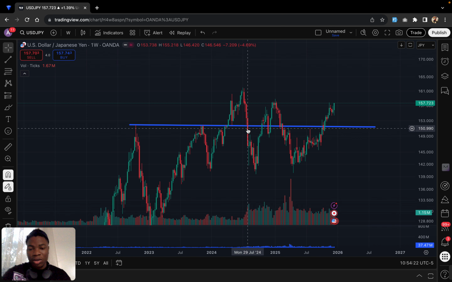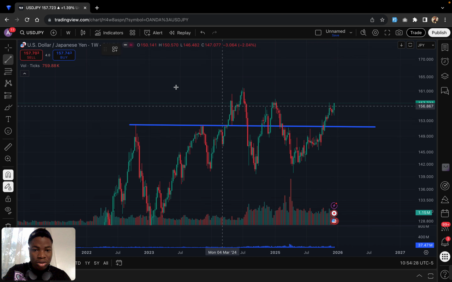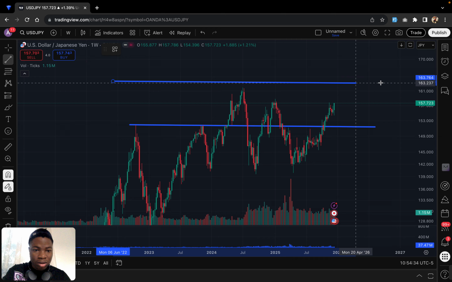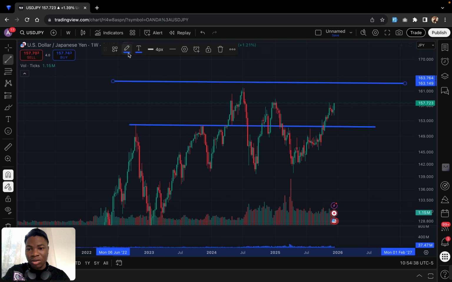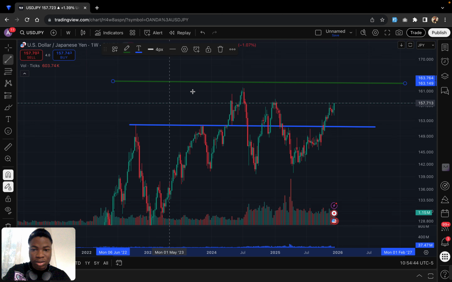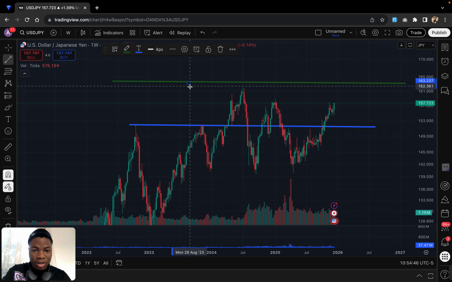Now let's also draw the resistance on the weekly time frame. For my resistance, I like to use the color green. I believe you can see it properly.